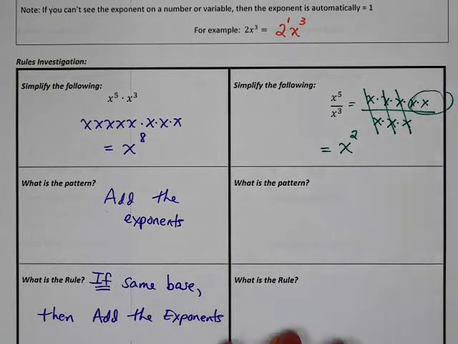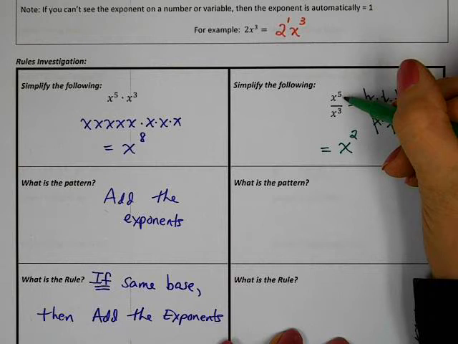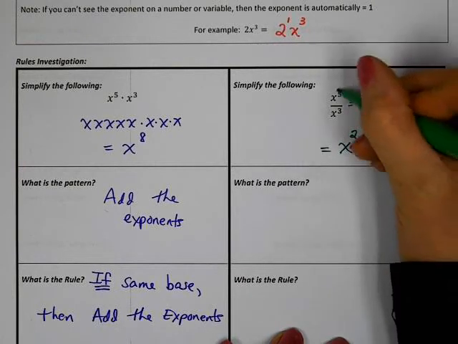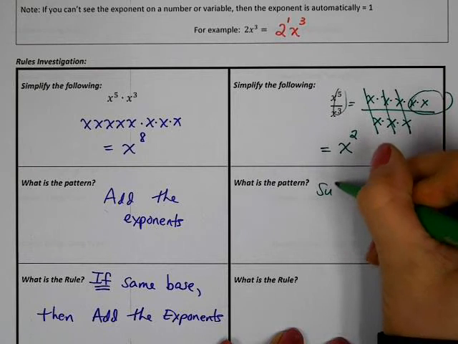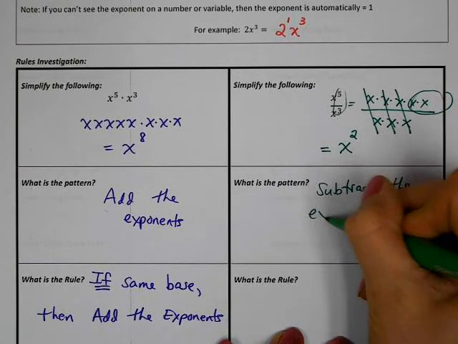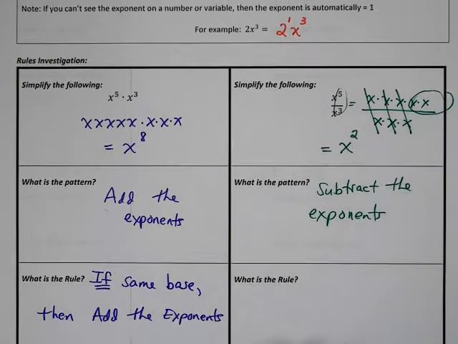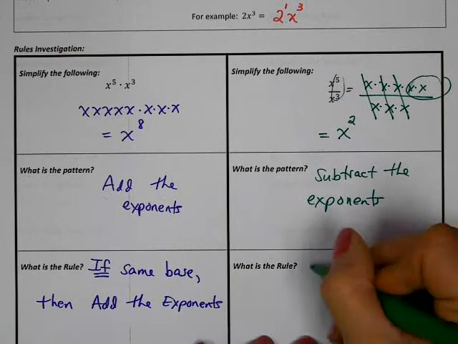So what's the pattern here? I don't really want to write them out, especially if this was 500 and this was 300. So the pattern was we take a look at the exponents and we subtract. Subtract the exponents because they're not combining, they are canceling out. So what's the rule?